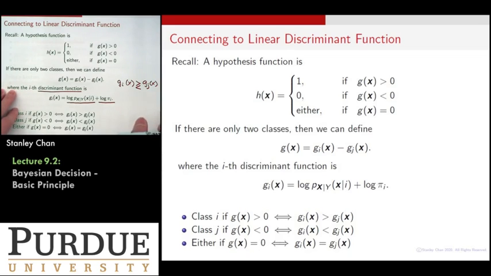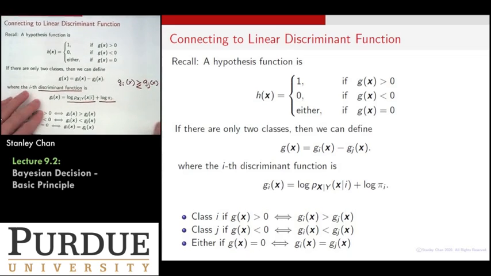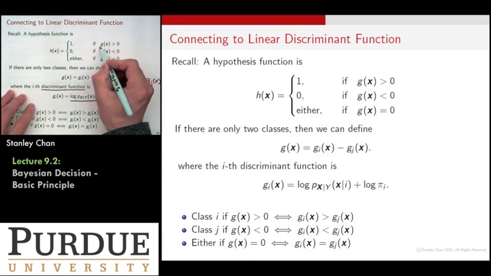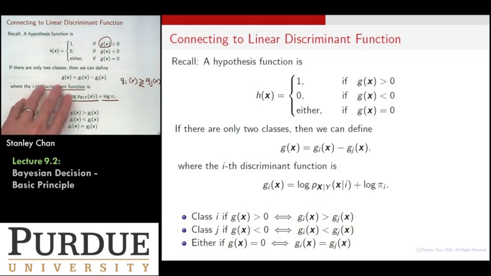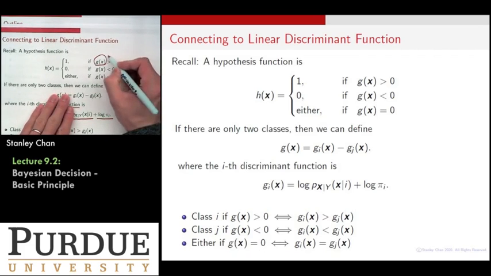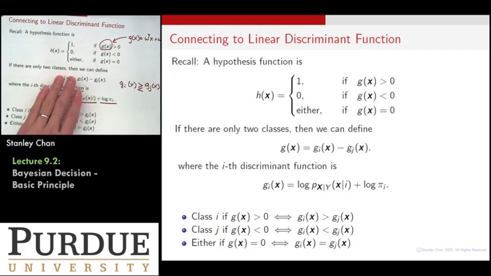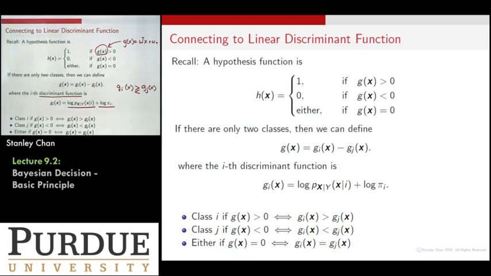So what we are going to do next is show you that this g, for the Gaussian case, you can actually write in terms of w transpose x plus w0, something that we want to see. Because so far we have gone through all these derivations, we've gone through the posterior probabilities, and we claim that eventually we are going to find a linear classifier.